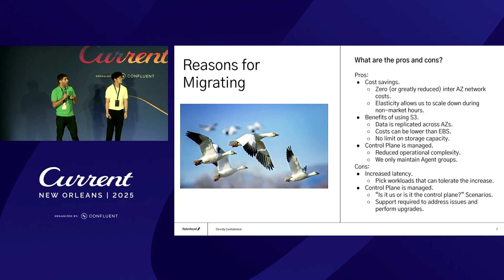But if we run into any issues, then we have to triage ourselves, and that's when the cons come in, because we have to figure out if it's something that we did on our side, or if it's something that happened in the control plane itself, which would then require us to file a ticket. It introduces a little bit of friction in how we deal with any issues that our clients or our WarpStream clusters might be encountering.